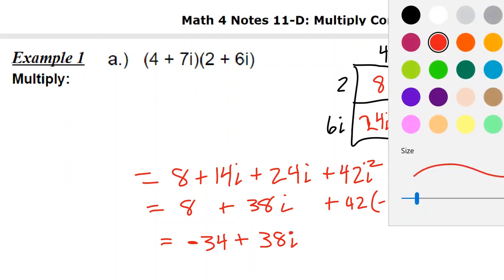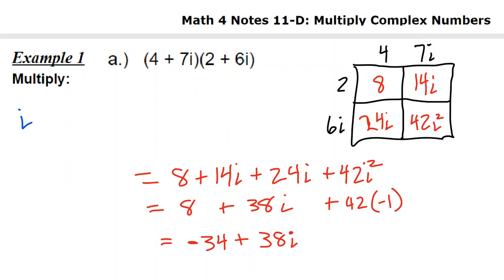Now, i squared is never a final answer. Because anytime that you have i squared in your final answer, it can always be replaced by a -1, and next thing you know, you have a real number on your hands and not an imaginary one. So, that's for that one.